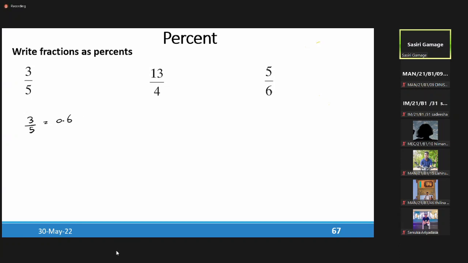Okay. Then as it's a percent value of 0.6, we move the decimal place by 2.